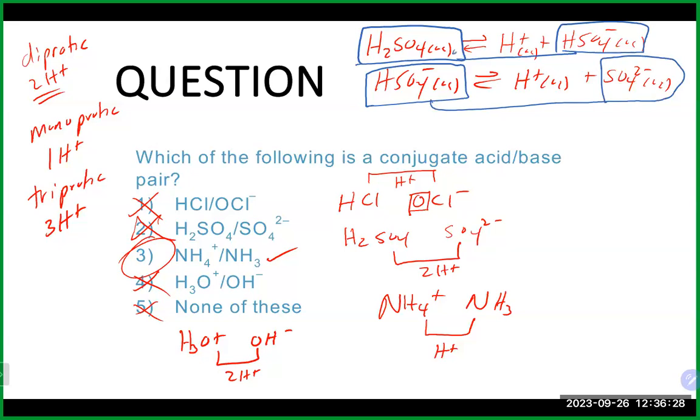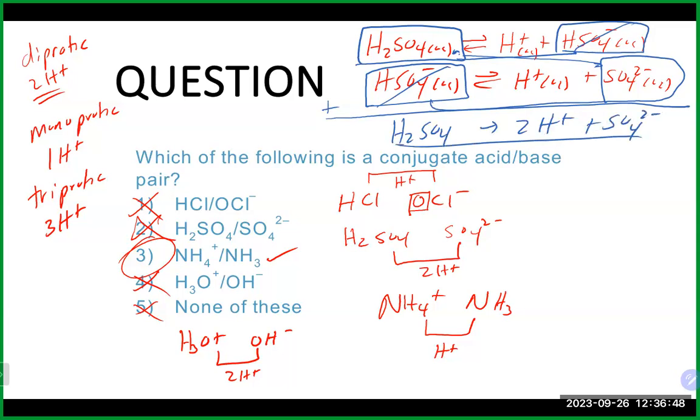But going from the beginning to the very end there is a 2-jump process, and they would not be partners in that case. We sometimes think of this as the overall reaction, right? That's how we get there, by the way. This cancels, that cancels, and we're left with H2SO4 giving you 2 hydrogens and a sulfate, which is most of probably what you dealt with in Chem 50 as the overall reaction.